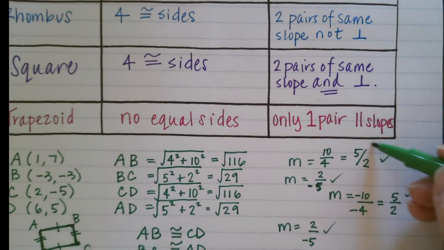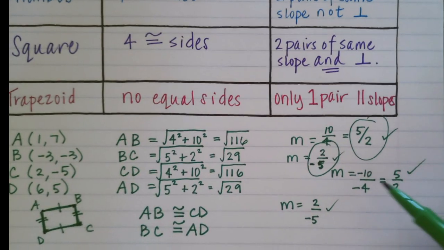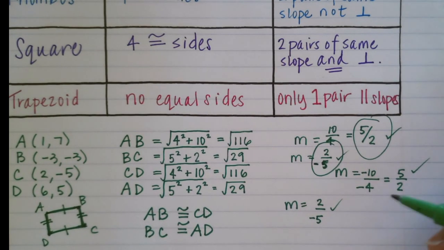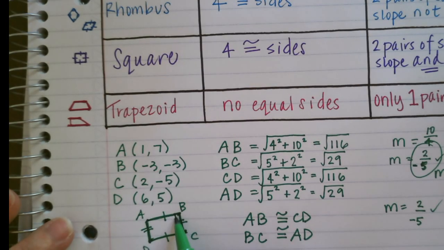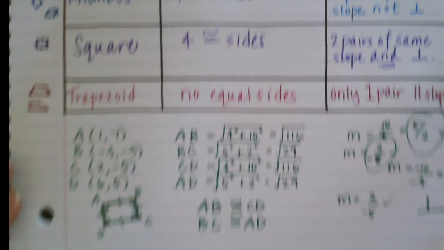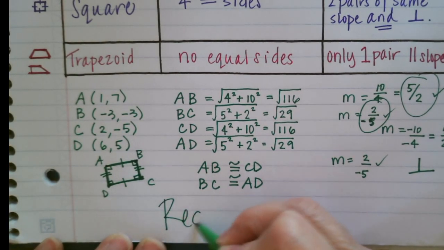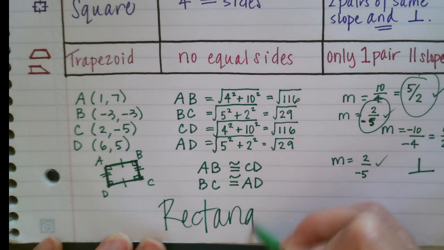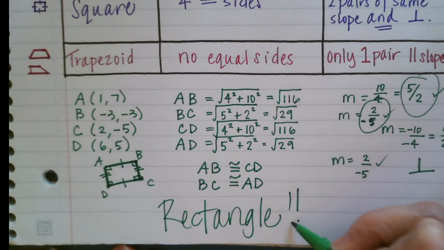When I look at these slopes here, they're opposite sign reciprocals, which tells me that these sides are perpendicular. So I have right angles on all of these. So now I know that this shape is a rectangle. Whew, a lot of work there, huh?